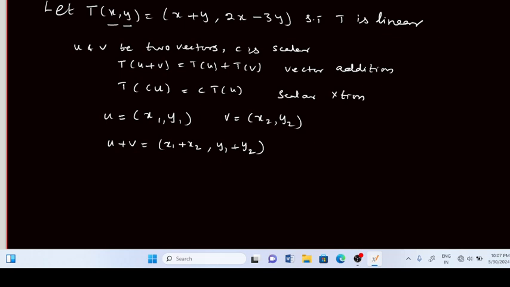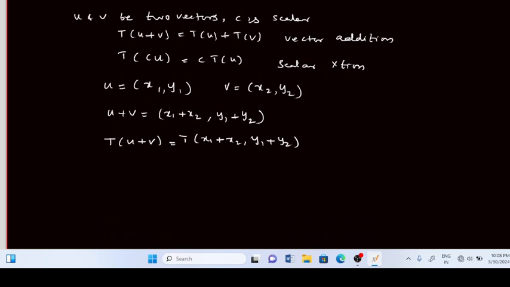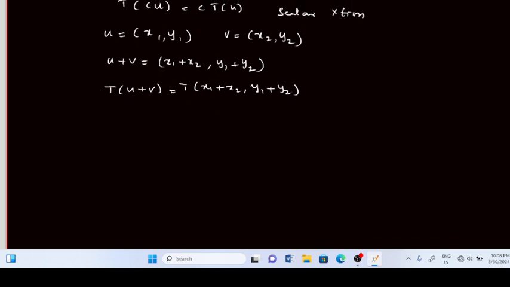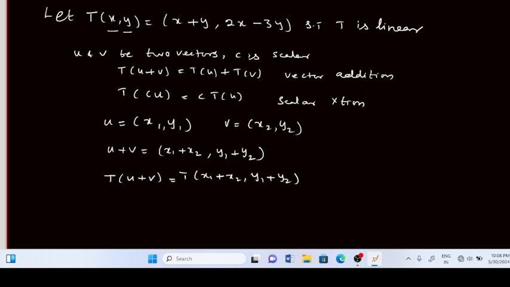Now this should be substituted in the given function, that is T of (u plus v). T of (u plus v) is nothing but T of (x1 plus x2, y1 plus y2). We have the question T of (x, y) equal to (x plus y, 2x minus 3y).